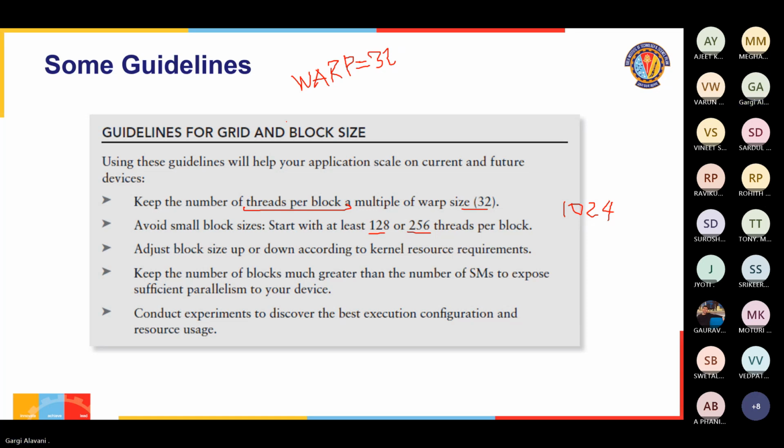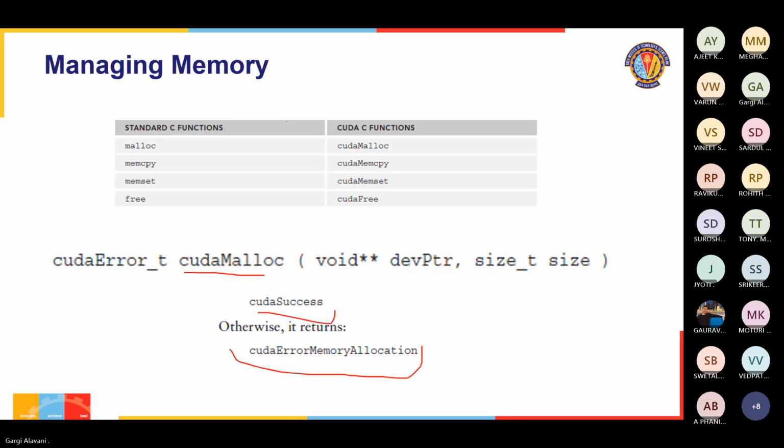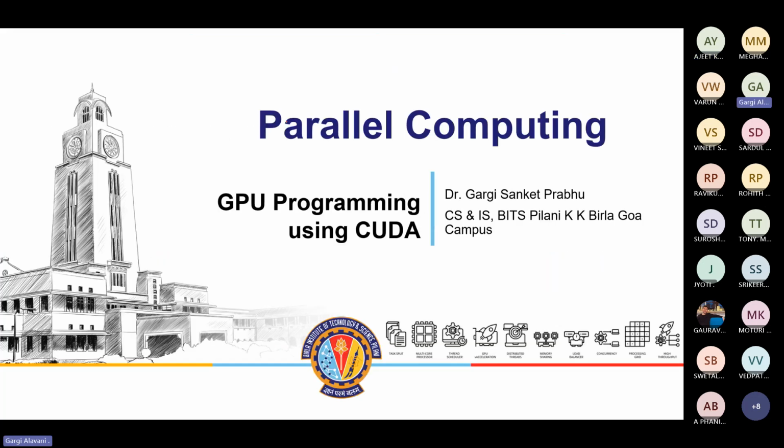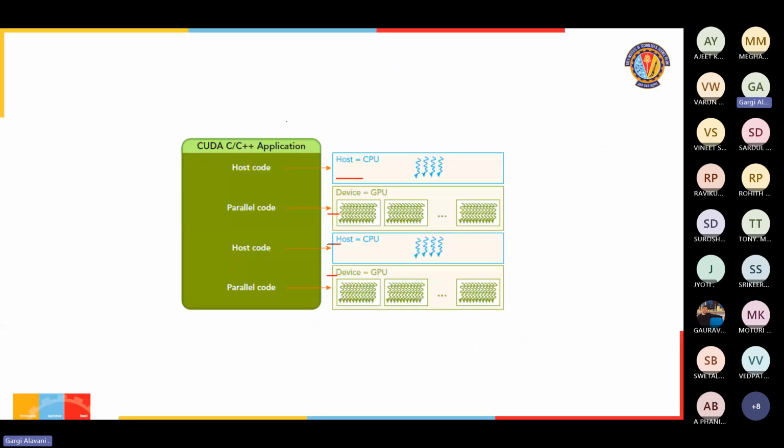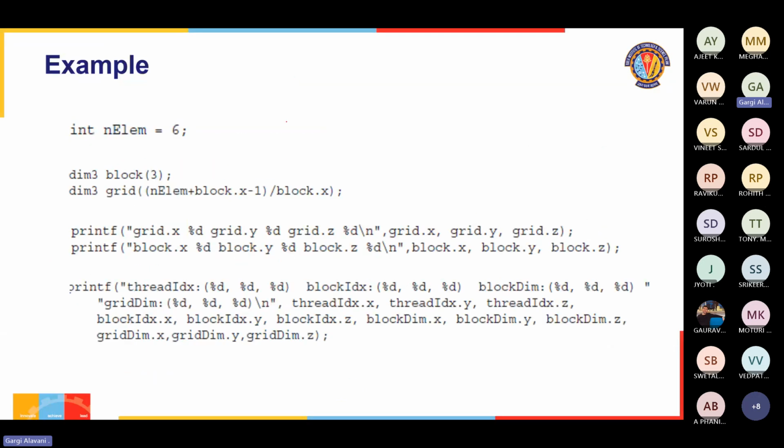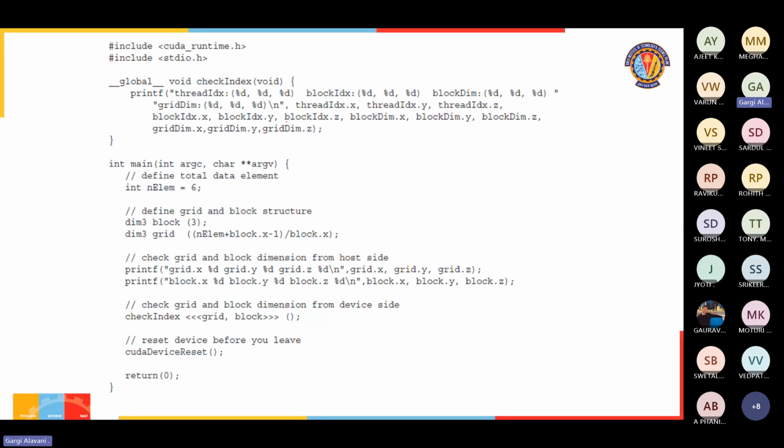Question here: if you don't configure it, we know that we have 100 plus GPU cores on our machines, and we just do the programming and run the kernels. Is it not going to handle it internally? See, this is the kernel call, right?